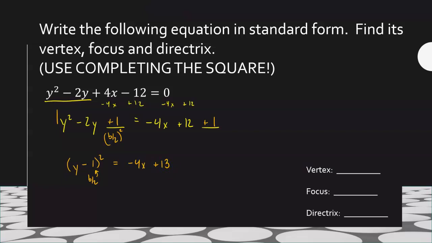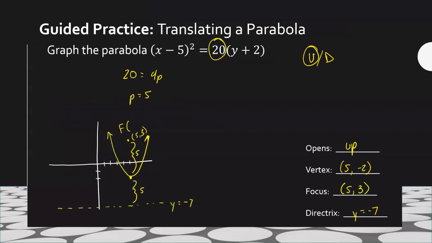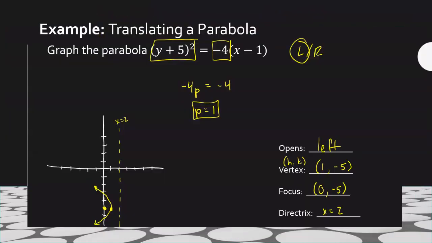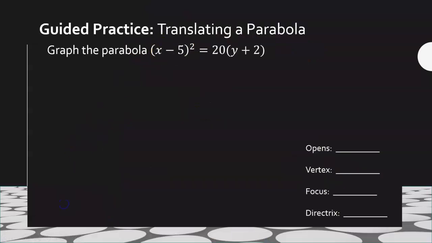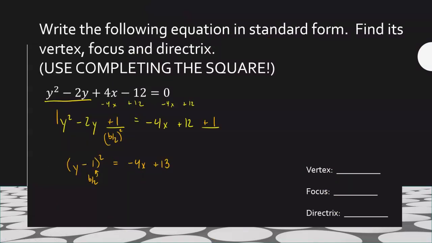Now if we compare what we have right now to what we had in the other examples, the right side doesn't quite look how we want it to look. In all the other examples, we always had a number outside the parentheses, and the x value didn't have a number attached to it. The last step with this one is that we want to get that negative 4 out of that x, so we're going to factor that out.